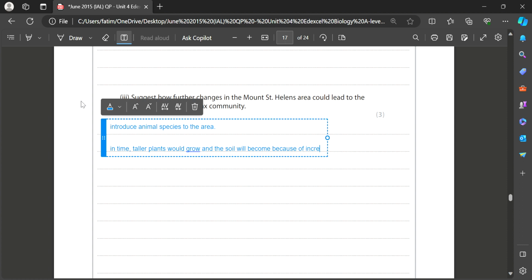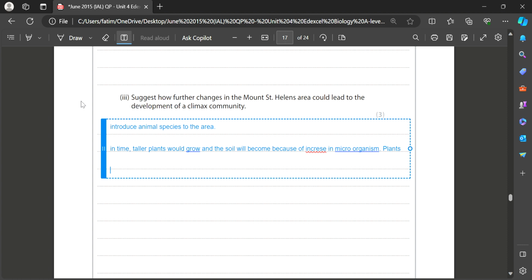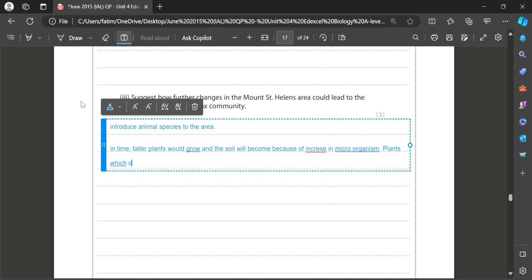And not only because of microorganisms, to be fair, we're also going to say that the plants will die. Plants which die will moreover increase the fertility of the soil.